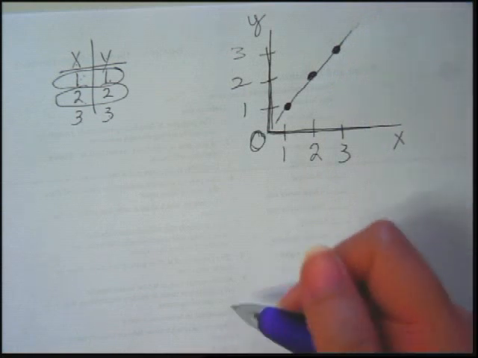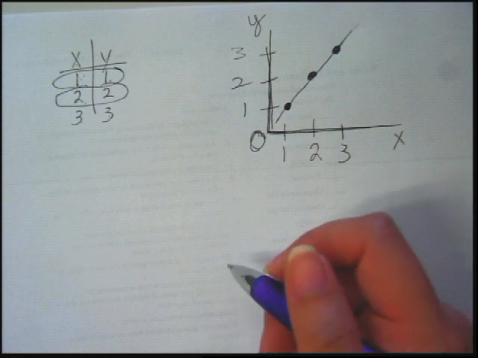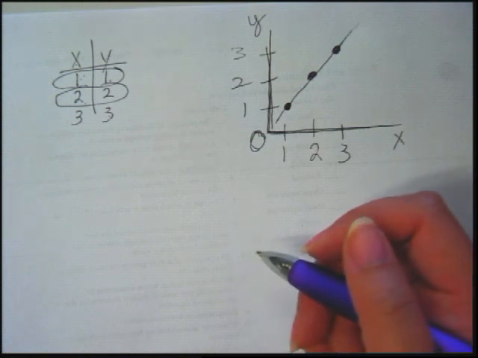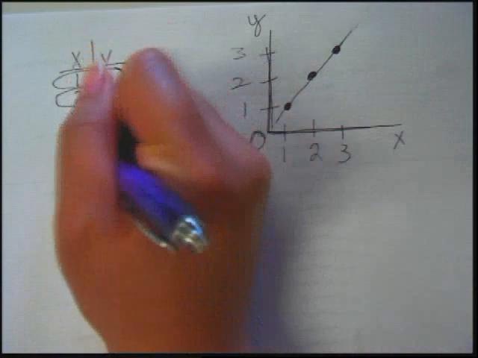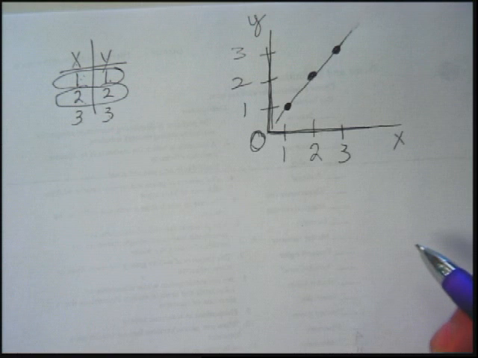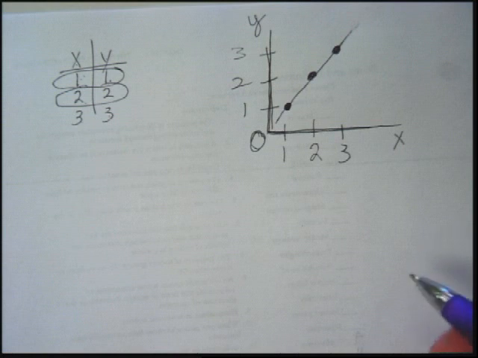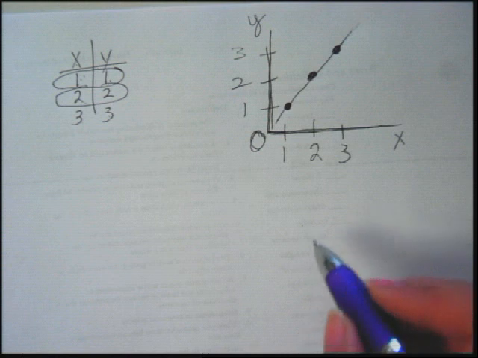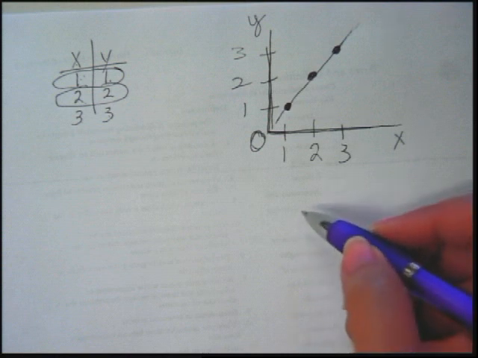And what do we call it when we have two variables that are moving in the same way? They're moving in the same direction. So they're both increasing, 1, 2, 3, 1, 2, 3. What kind of relationship is that? A direct relationship, or there's another word for it. Linear? Well, yes, definitely a linear relationship.